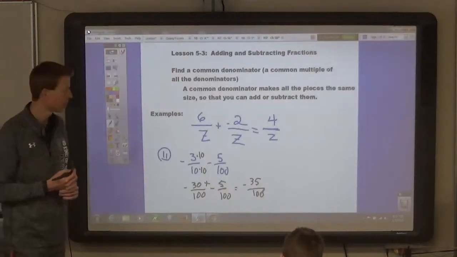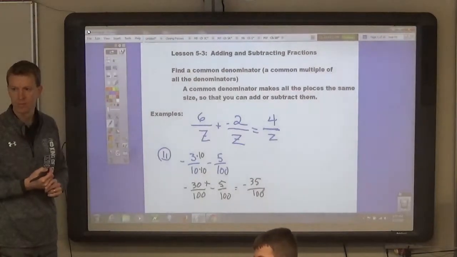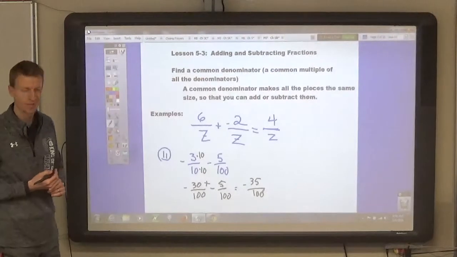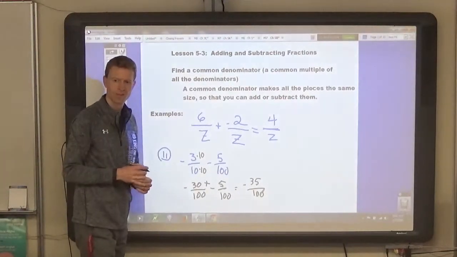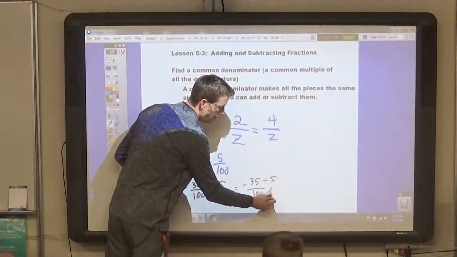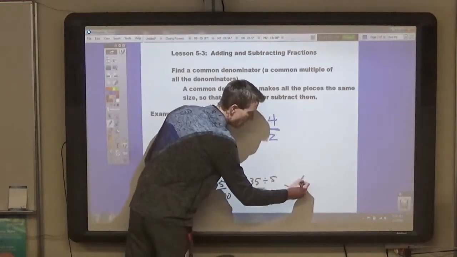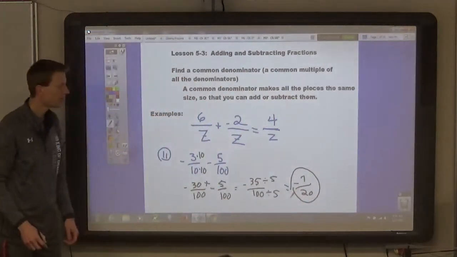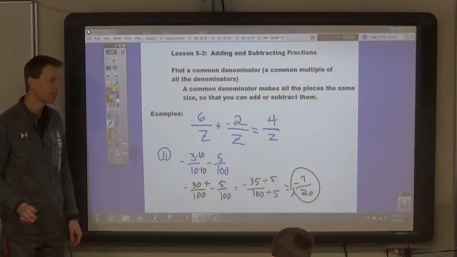Negative, wait up. 7 over 20. Divide both by what? 5. So it's negative 7 over 20. Okay? 35 divided by 5 is what, Max?